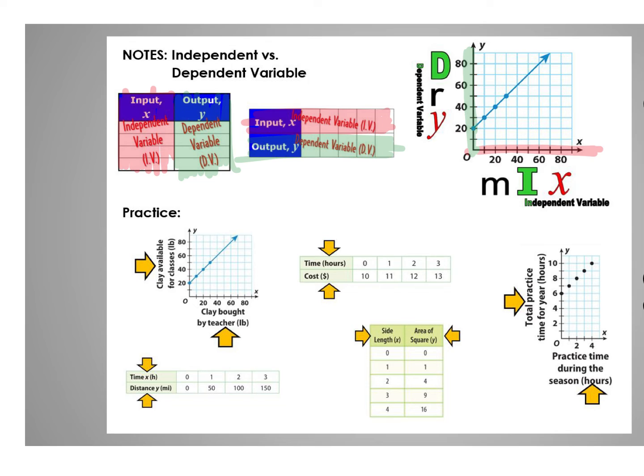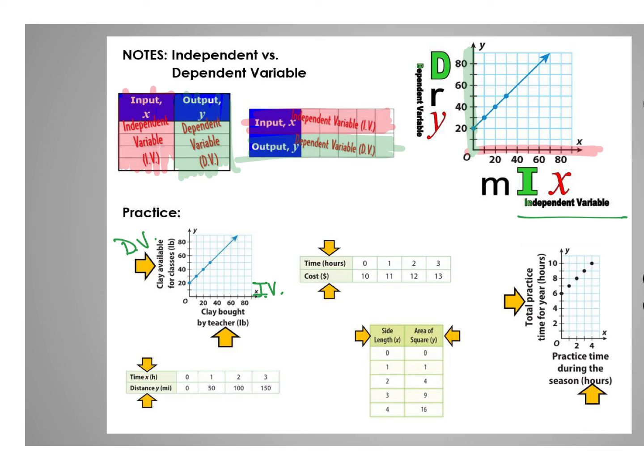So on this first graph, we have clay available for classes and clay brought by teacher. So this is a graph, so the x-axis is going to be the independent variable. So independent variable, which means the y-axis is the dependent variable. Okay, next we have a table with time and hours and cost.